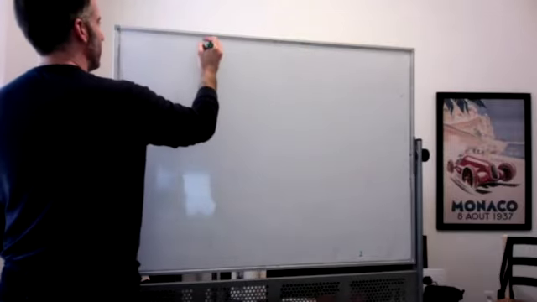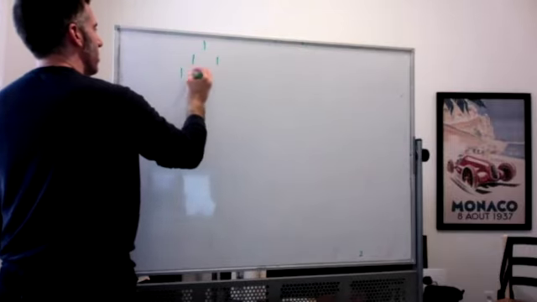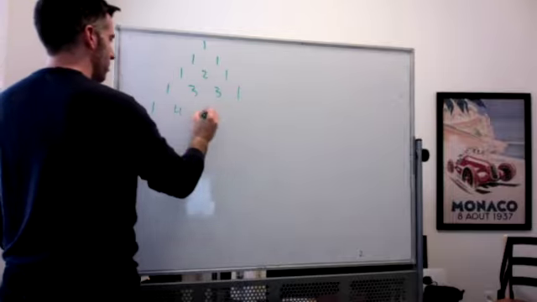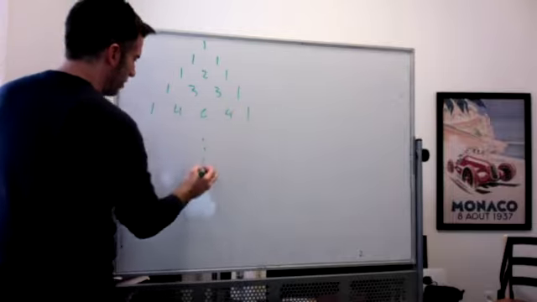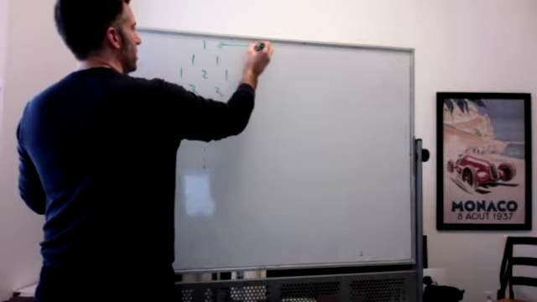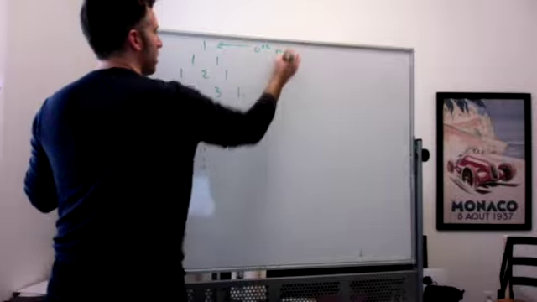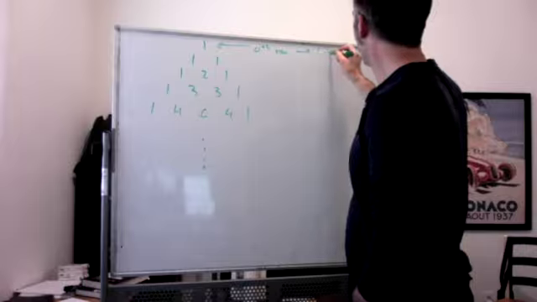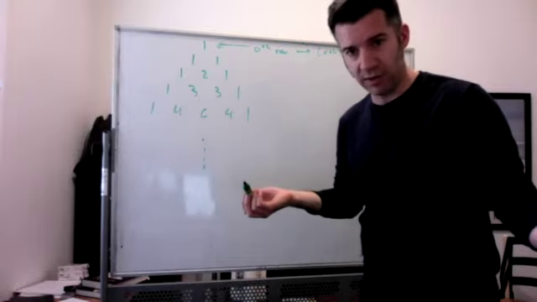So here's Pascal's triangle, 1, 1, 1, 2, 1, etc. And so I'm going to say this is the 0th row, and it gives me x plus h to the 0, or at least the coefficients.